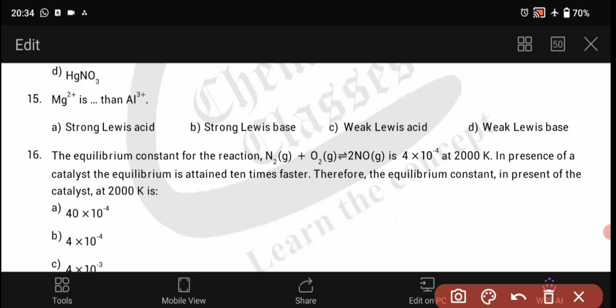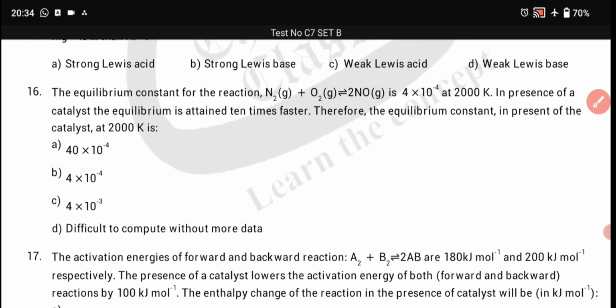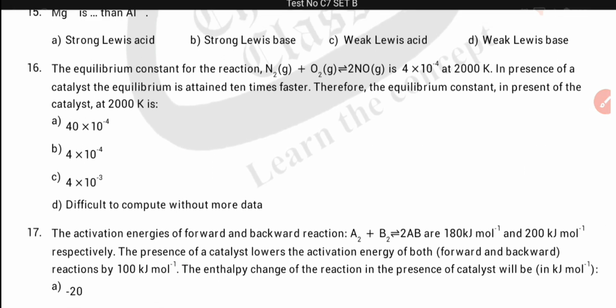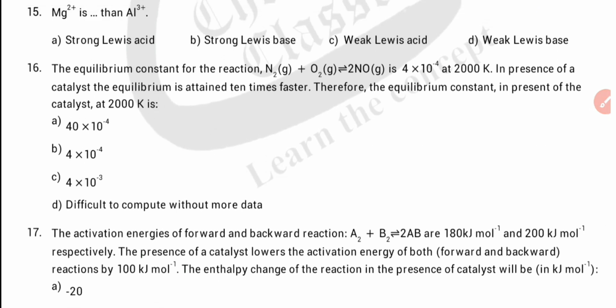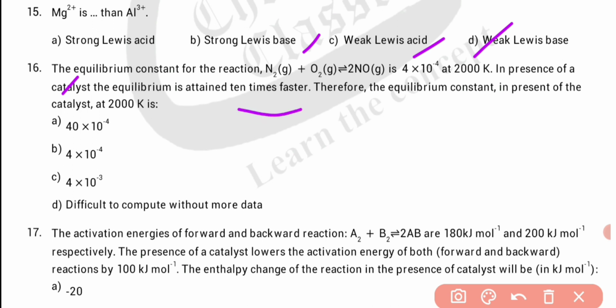Okay, let us move to the next question, which is: the equilibrium constant for the reaction N2 gas plus O2 gas gives twice NO gas is 4 into 10 power minus 4 at 2000 Kelvin. In presence of a catalyst, the equilibrium is attained 10 times faster. Therefore, the equilibrium constant in presence of the catalyst at 2000 Kelvin is.